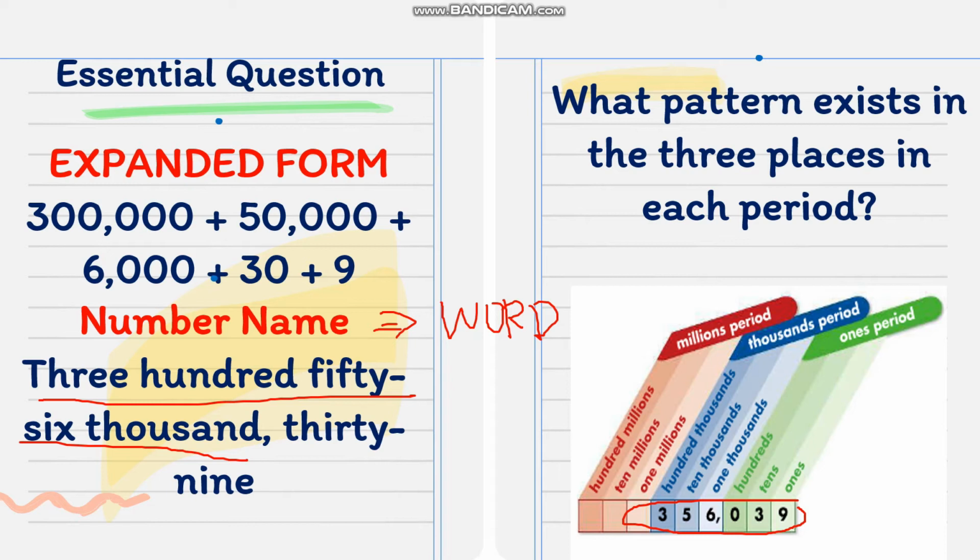Okay? Then 39. So this is what we call the number name or the word form. This is what we call the expanded form, and this is what we call the standard form, or what we call the numerals. Okay, let's continue.